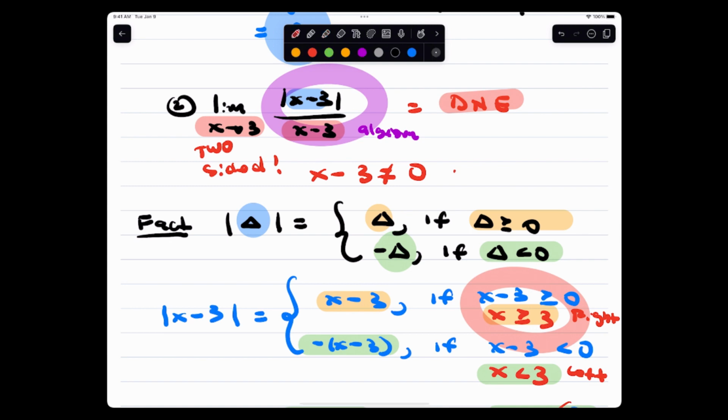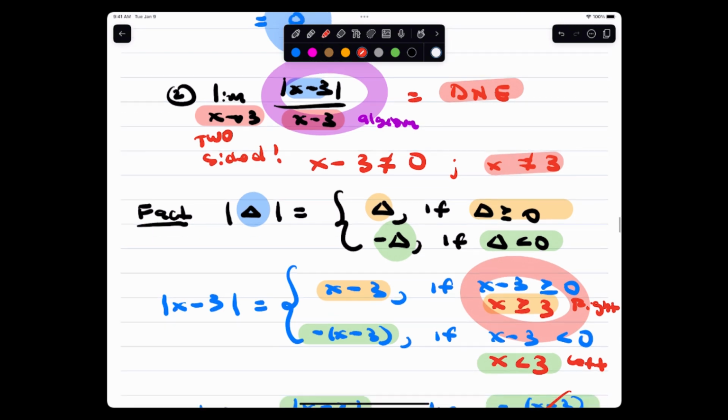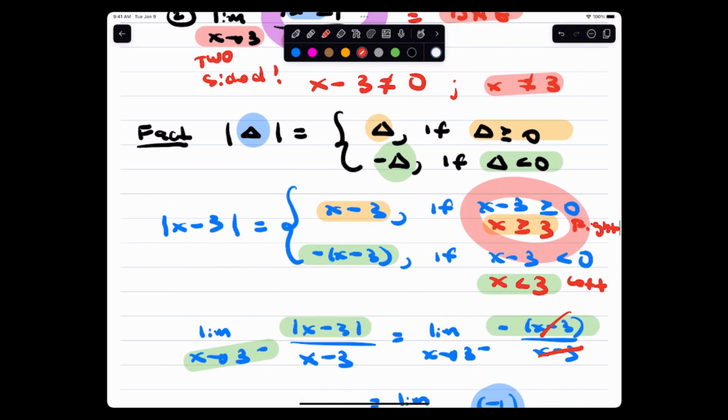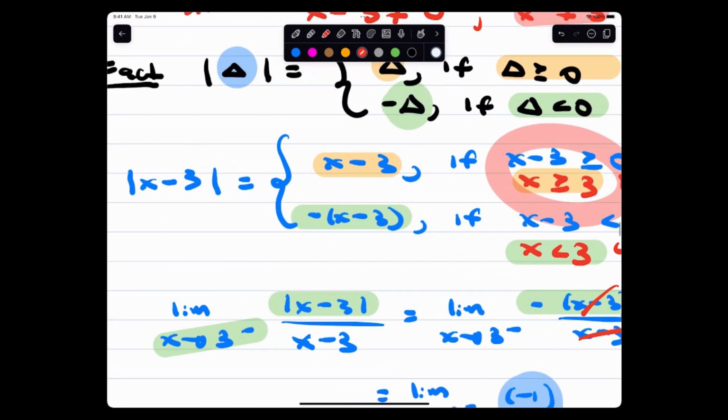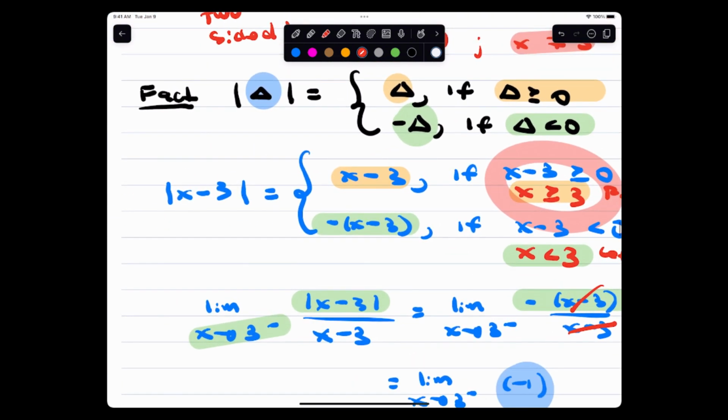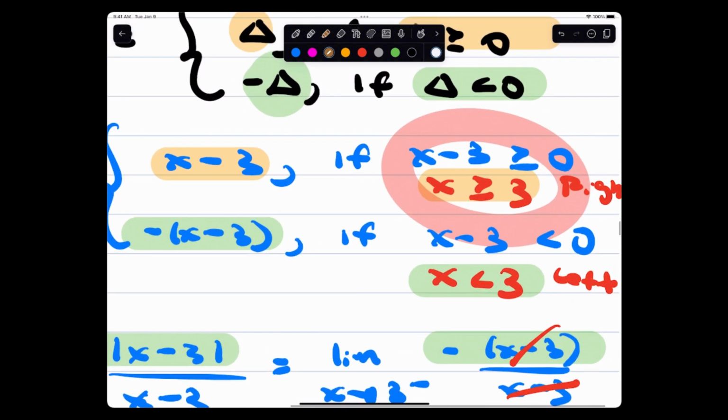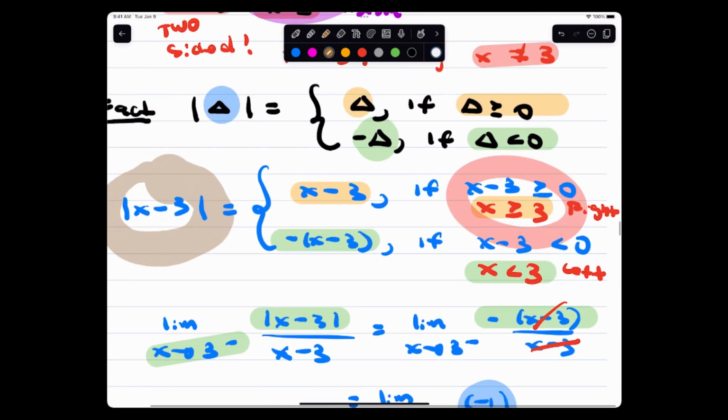So what that also means is that x is not 3. Now, it is true, this is the definition that you use for absolute value. We use this definition right here. And yeah, you want to include when x equals 3 right in here. Okay, so that makes sense.